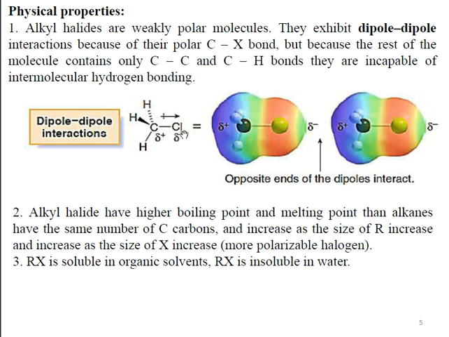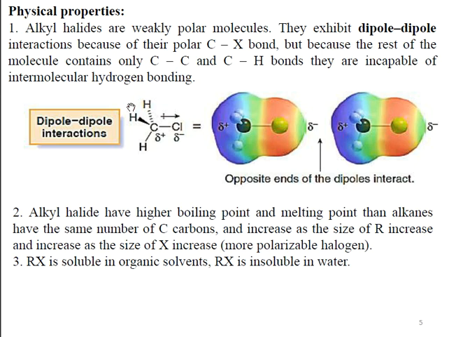We have a dipole here, look: partially negative for the halogen because the halogen has high electronegativity, and the carbon will be partially positive. The alkyl halides have higher boiling and melting points than the alkanes because of the additional interaction. In alkanes there is no dipole interaction, just van der Waals forces.